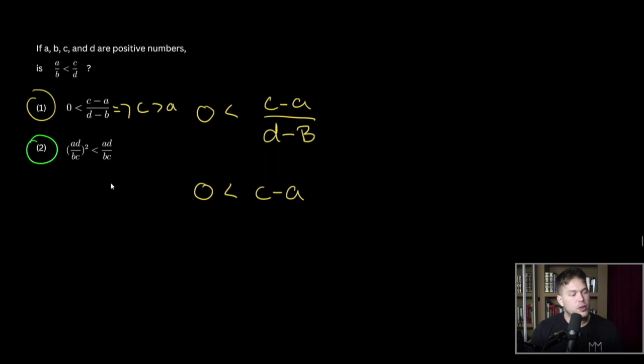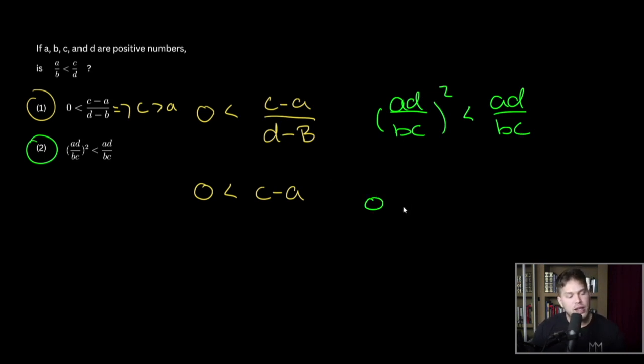If we look at statement 2, we are told that (a times d over b times c) squared is going to be less than just a times d over b times c. If what you have squared is smaller than what you start with, then that implies that what you start with, in this case AD over BC, is between 0 and 1.